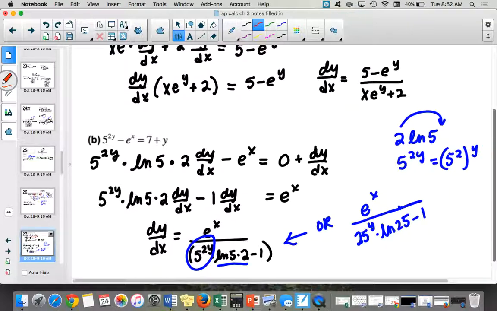So how could I get that from the beginning? If you recognize that you have 5 to the 2y, you are allowed to write that as 25 to the y, right? Because it's 5 squared to the y, right? The only thing I caution against is that I taught one of the classes a couple years ago, and Blake Steele always wanted to use this, and he was really good at it, except when I gave him ones that looked like 3 to the 2 to the x.